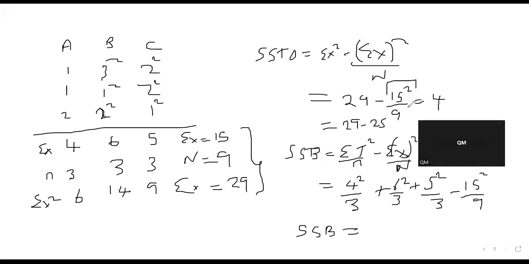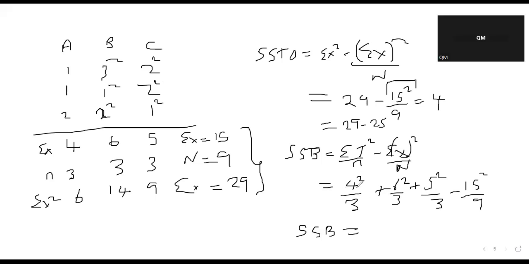So what are you getting here? If you have the same denominator, let's say 4 squared plus 6 squared plus 5 squared. Give me what is 4 squared plus 6 squared plus 5 squared?